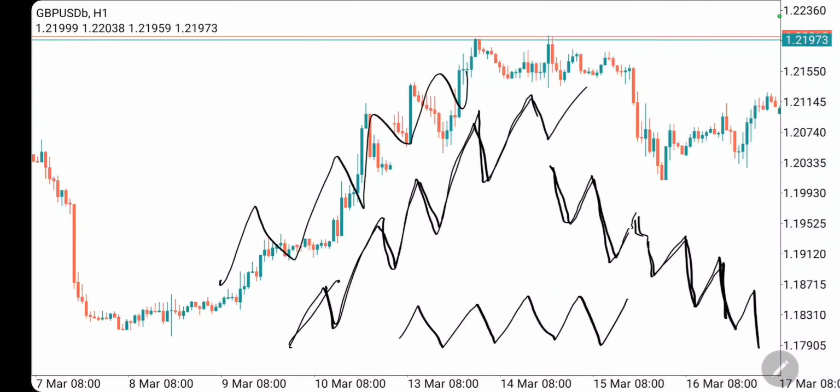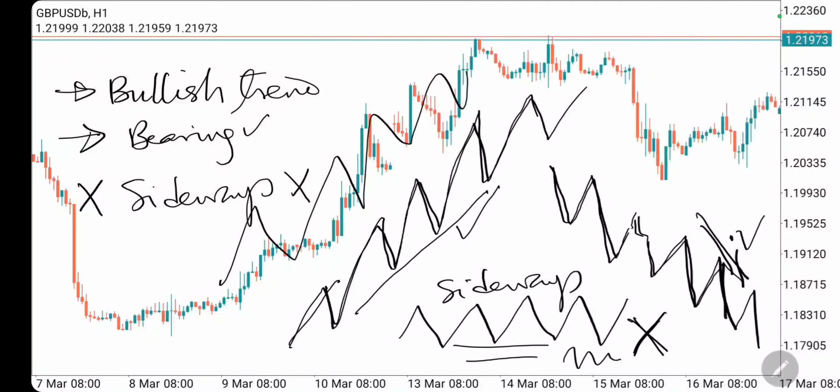This strategy works in a bullish phase or in a bearish phase, never in a sideways market.